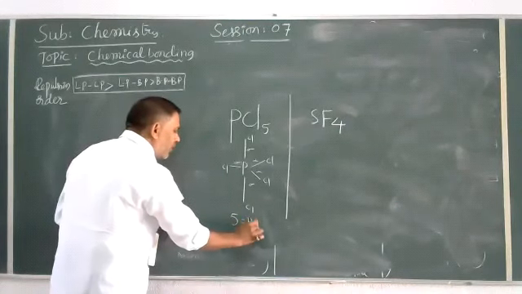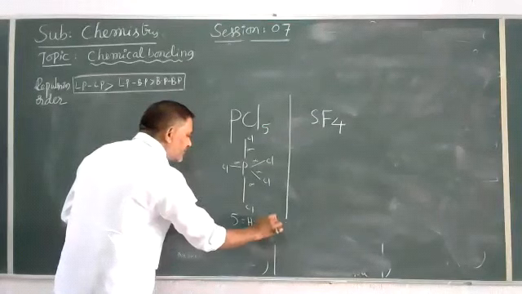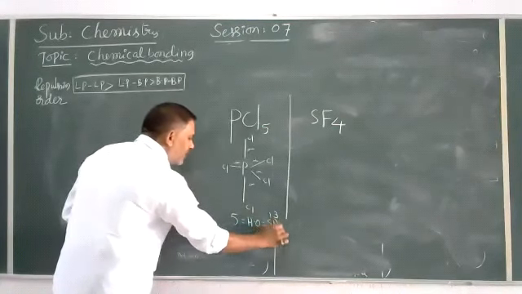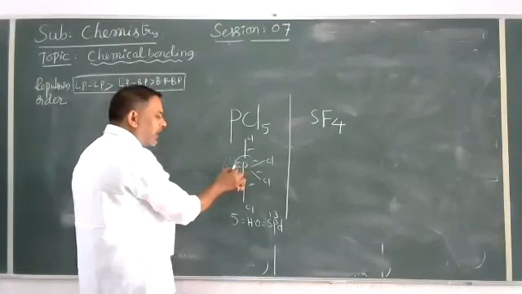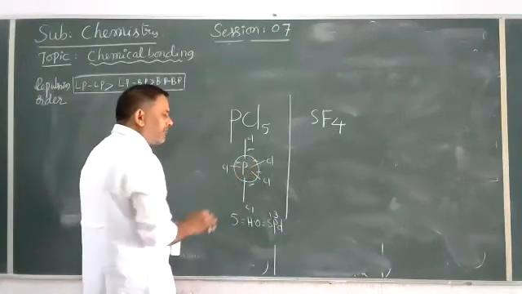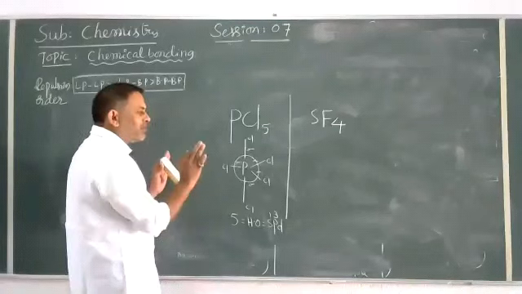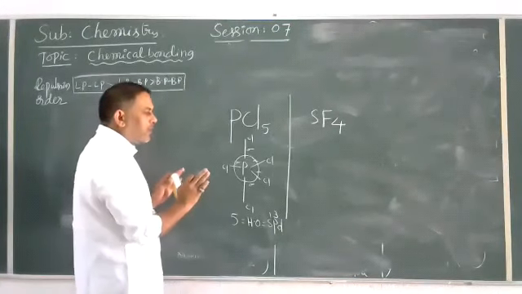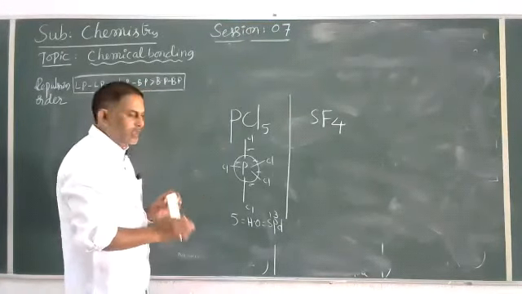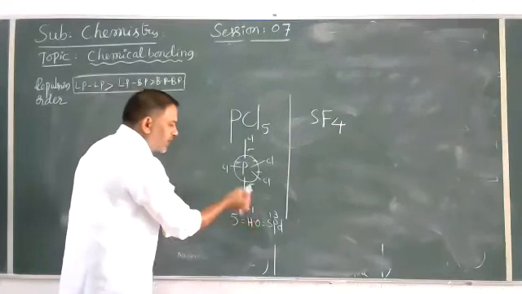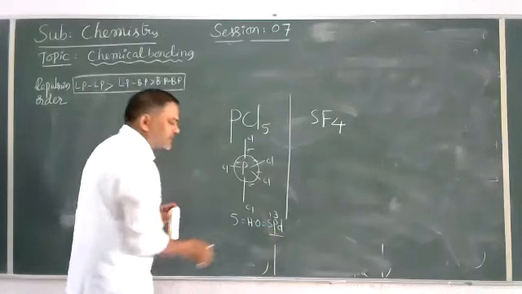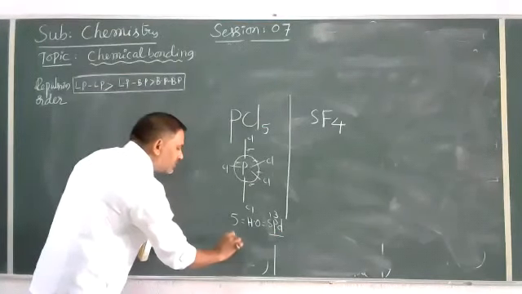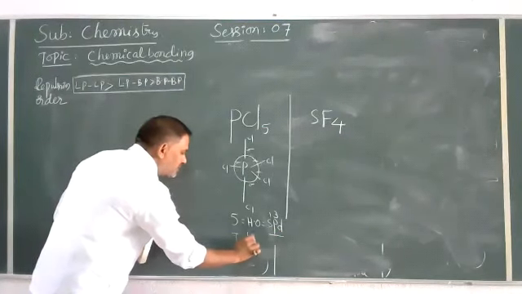They are the hybrid orbitals. That's why the hybridization is sp3d. Here there are no lone pairs around phosphorus in the PCl5 molecule. Only bond pairs are present. Regular order exists. According to hybridization, if the central atom of an element in a molecule undergoes sp3d, its geometry is trigonal bipyramidal structure.